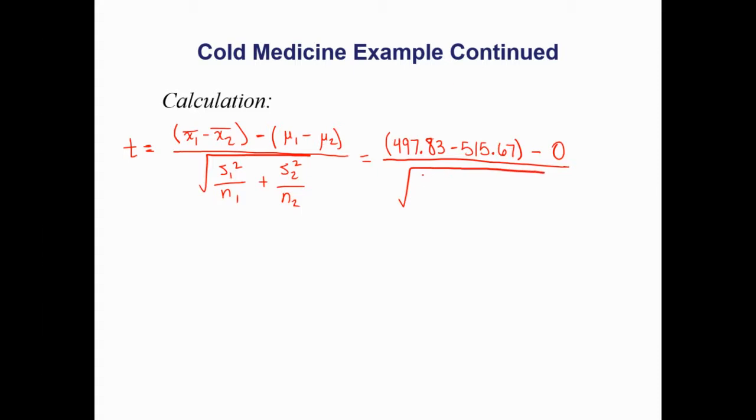And we have our standard deviations, so 8.830 squared over 12 plus 15.144 squared over 12.